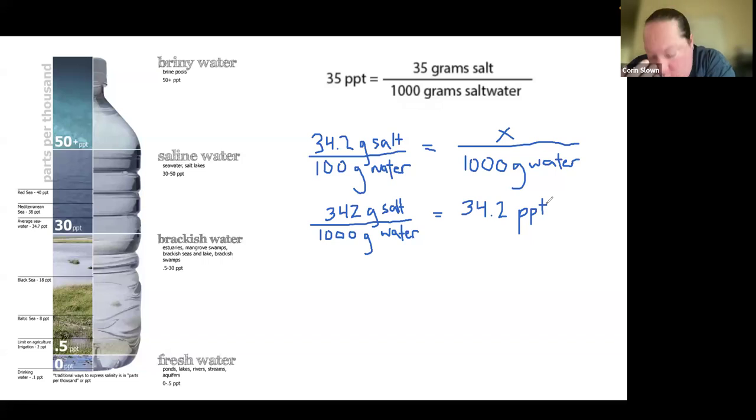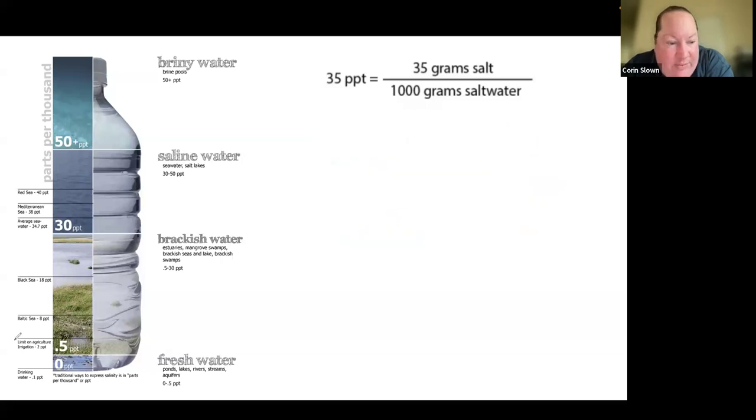And it's useful, we always need a reference point. Our drinking water has only 0.1 parts per thousand. So this PPT is really a valuable measure to help us understand the concentration or the amount of salt that's in water. Okay, so we have a reference point.